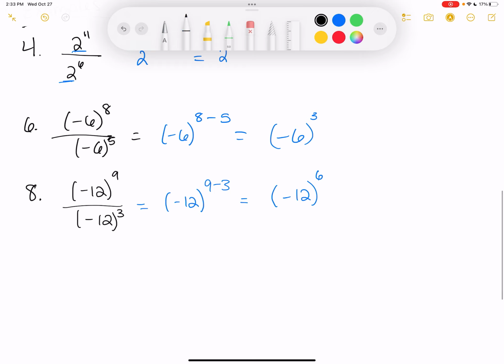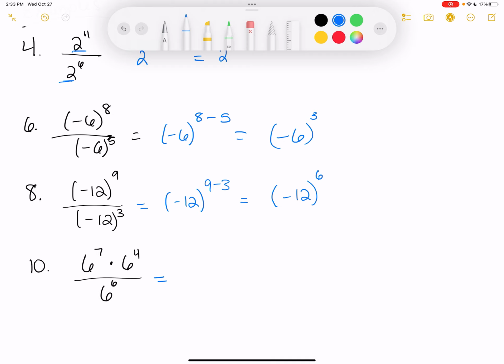Let's see. All right, so number 10 is going to add in a little extra level of difficulty, but still not bad. We've got 6 to the 7th times 6 to the 4th all over 6 to the 6th. So any ideas what we need to do here, or what we should do first? Do you add the things?